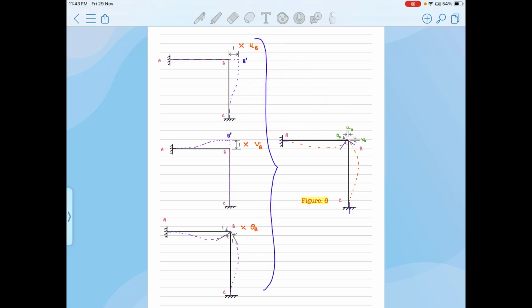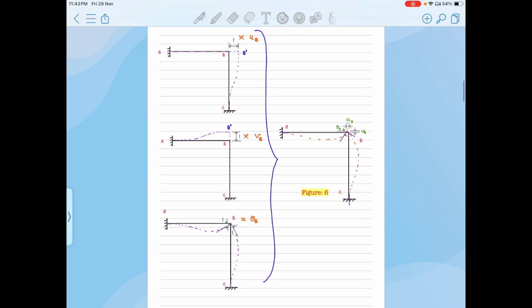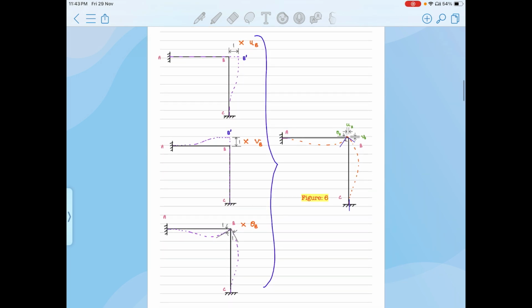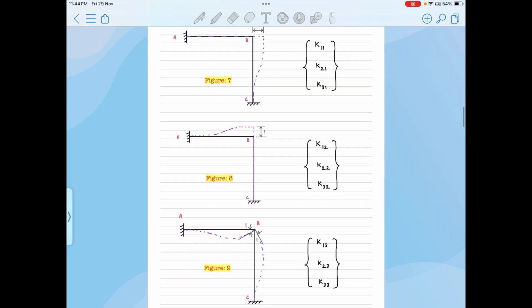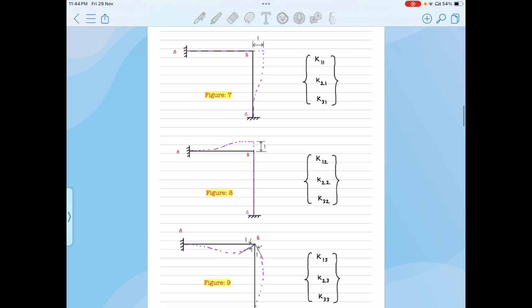This is something like, if we have a vector here, what we can do is we can use e_i, e_j as the basis to get this particular vector, right? So I mean to say, these profiles in which we apply a unit value for each degree of freedom serve as a basis. And when you have the correct values of UB, VB, and theta B, it pertains to the correct displaced profile, right? I don't want to say anything further about this.